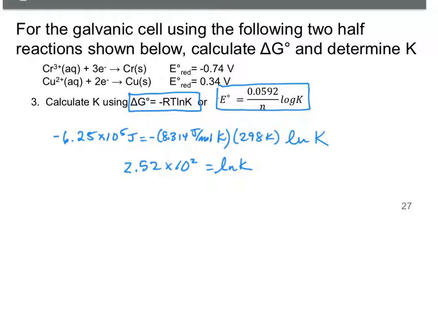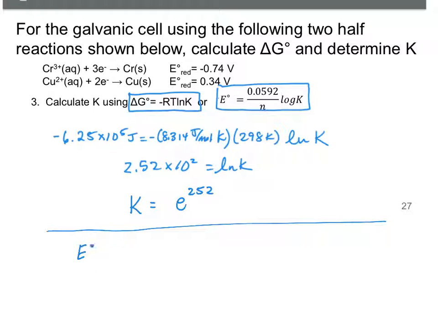So if we take base natural log, K is equal to e to the 252, which is a very large number that you can't actually calculate, probably on your calculator. So what's that say about equilibrium? Reactant favored or product favored? Product favored, right? Large K.